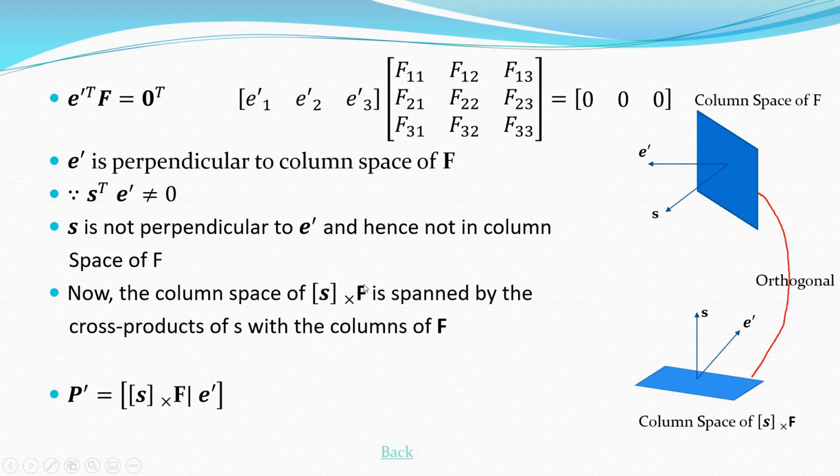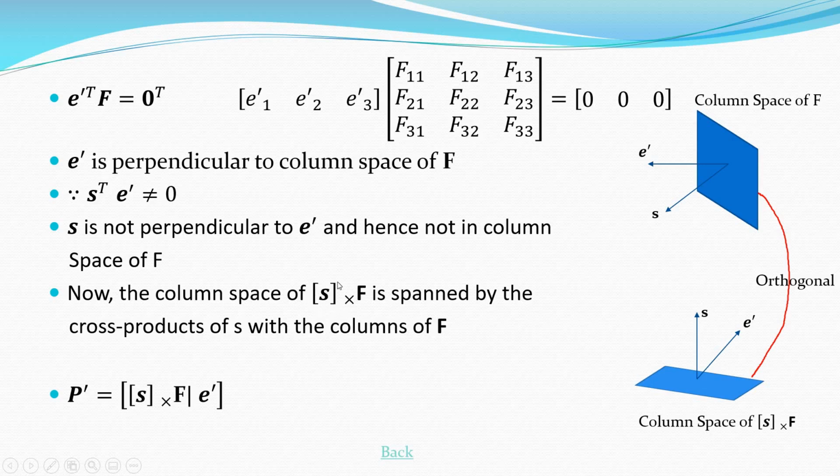This notation over here basically makes the columns of this matrix the cross product of S with the column vectors of F. So the column vectors of this matrix are nothing but the cross product of S, this vector, with the column vectors of F. So that gives you a column space of SXF, which is nothing but perpendicular to S as well as perpendicular to the column space of F.